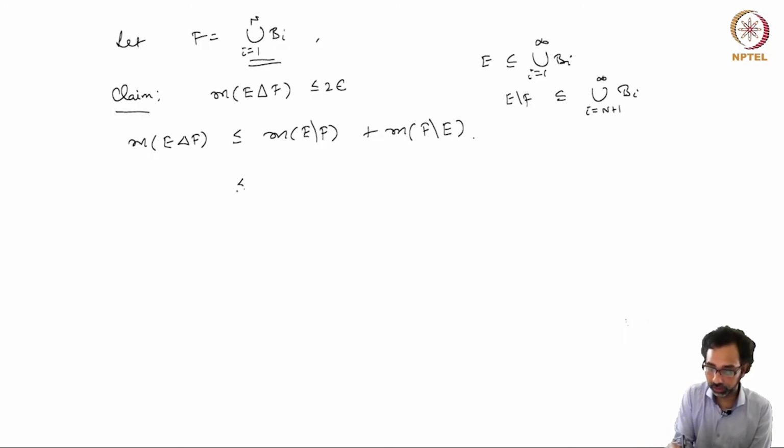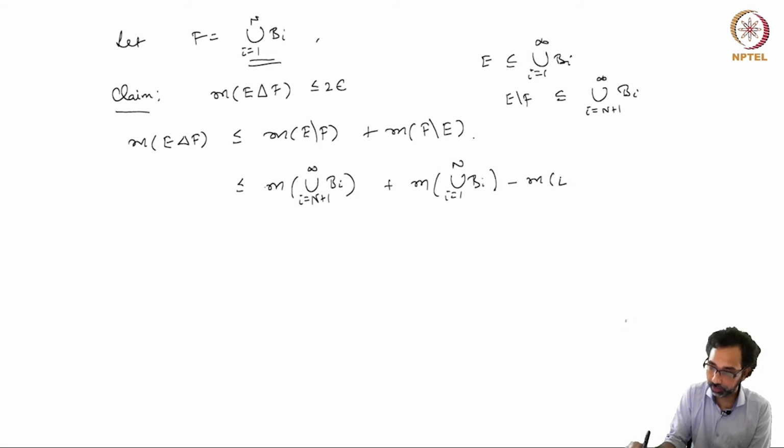So therefore we can write this as the measure of the union i equal to n plus 1 to infinity of Bi plus the measure of F minus E, which is the union i equal to 1 to n of Bi minus the measure of E, because both these are finite and measurable, so we can simply write it as a difference.